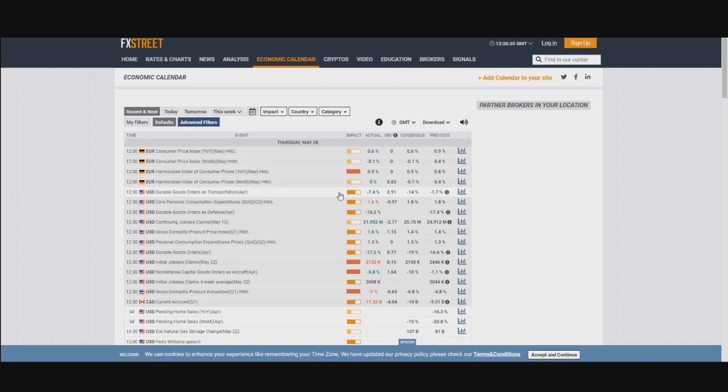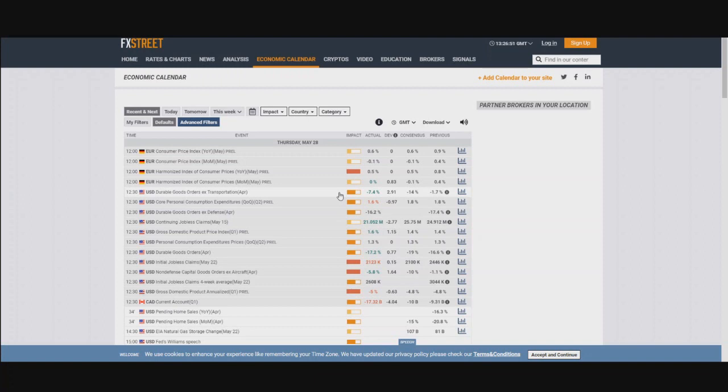So the employment, the inflation, consumer spending, consumer confidence, GDP as well. All these things add up to make one larger piece of fundamental analysis.